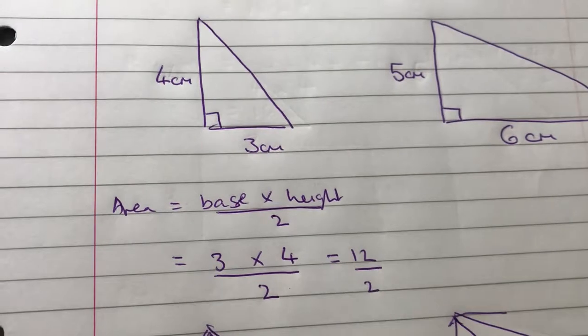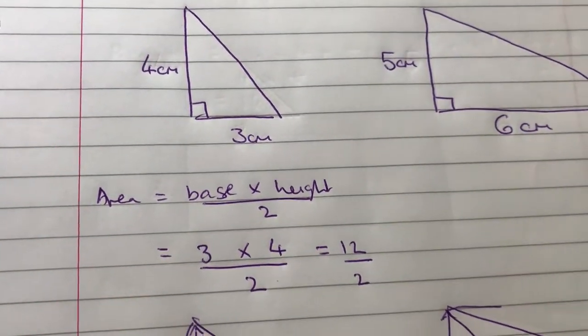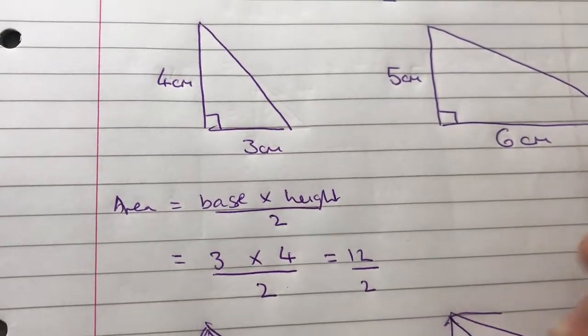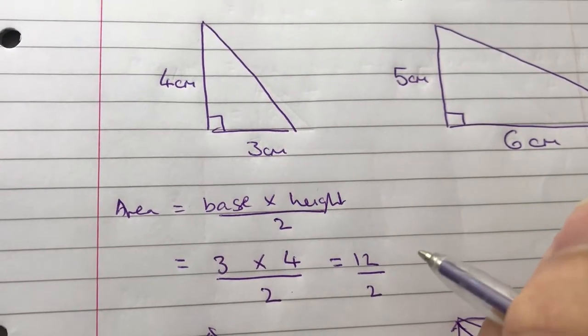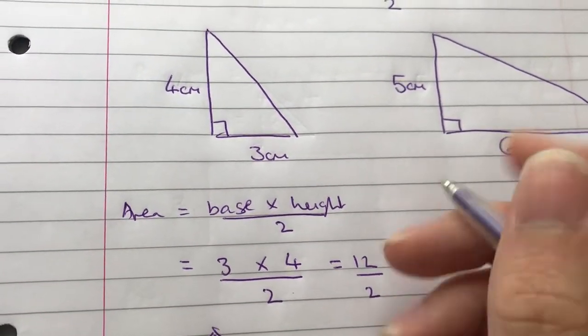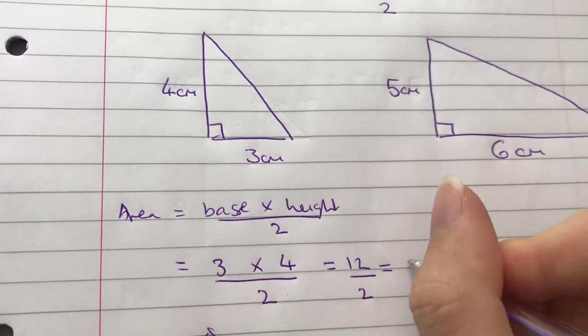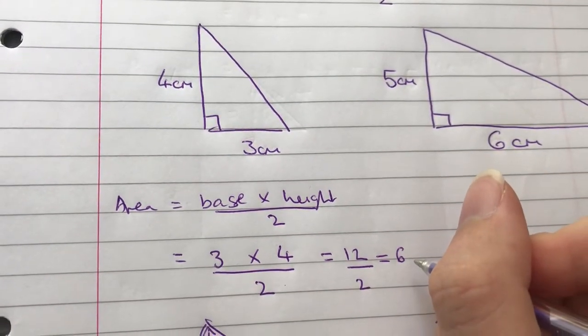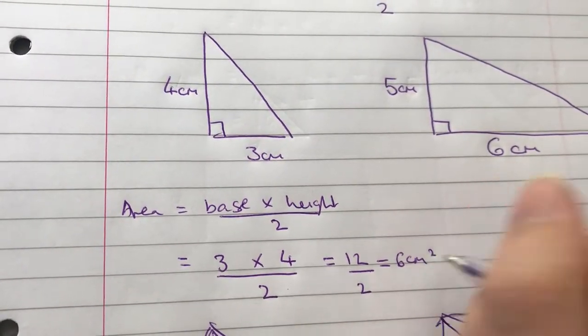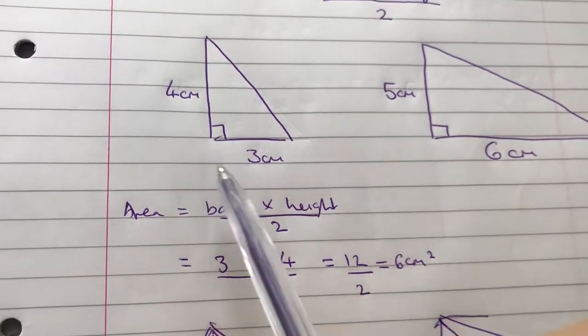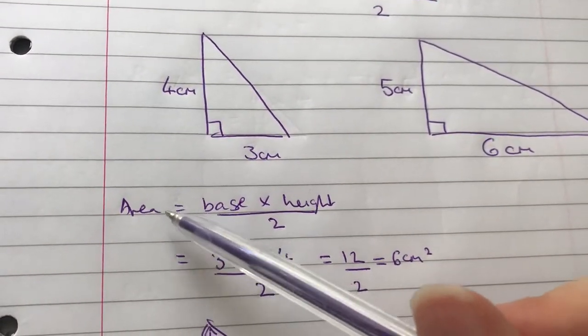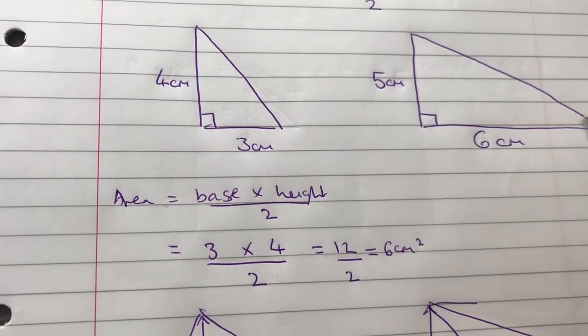That's the same as 12 divided by 2, because we know that fractions from our previous videos are the same as division. So fractions are division. So 12 divided by 2, that is 6. And our units are centimetres squared. Not centimetres, because remember it's area, so we're doing centimetres squared.